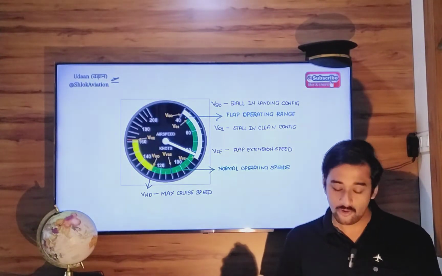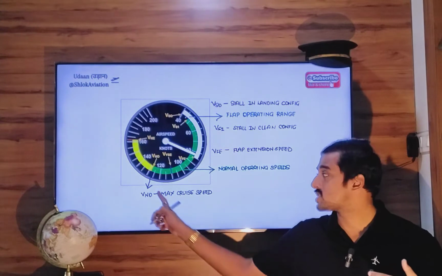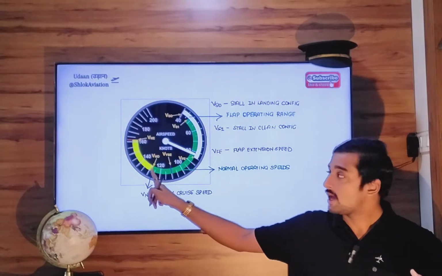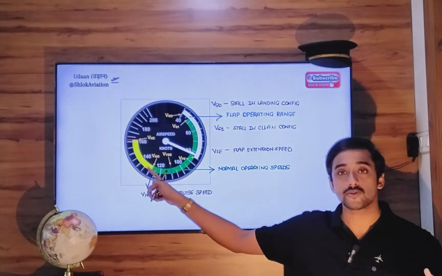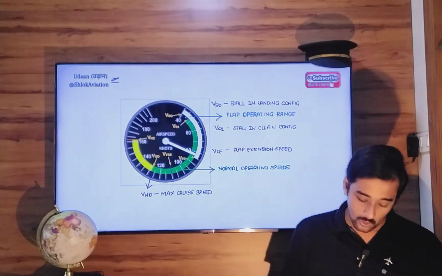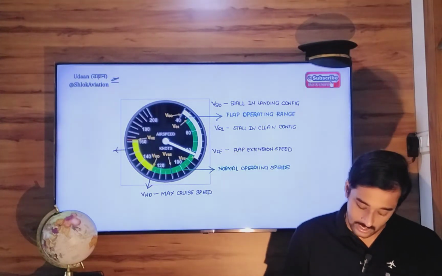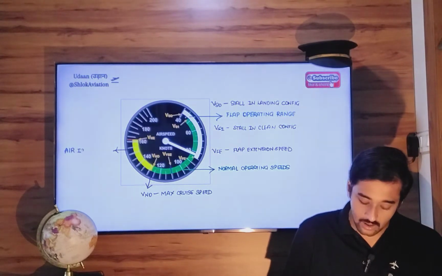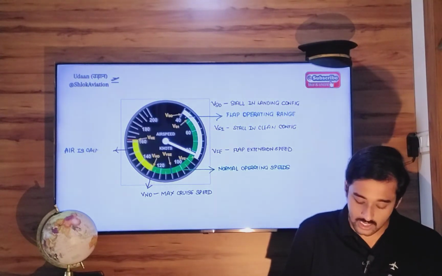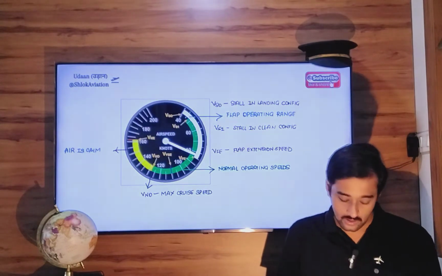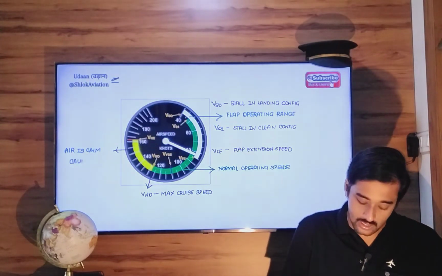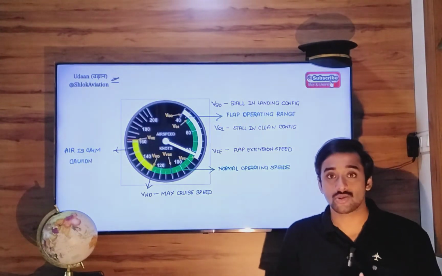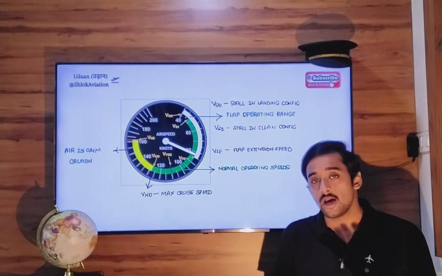Next, if you want to exceed this VNO, which is the upper limit of the green arc, and fly your aircraft in this yellow speed range, you can do that only, only and only if the air is calm and stationary. Air is calm, air is still. Okay, so that's why it's called the cautionary range. You have to exercise extreme caution when you are flying at this high speed.